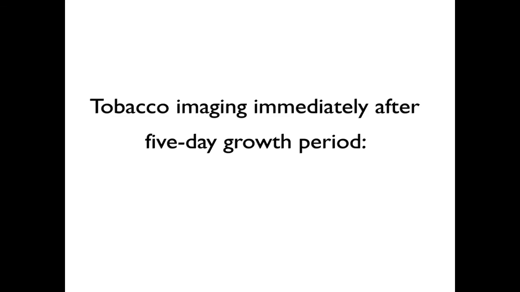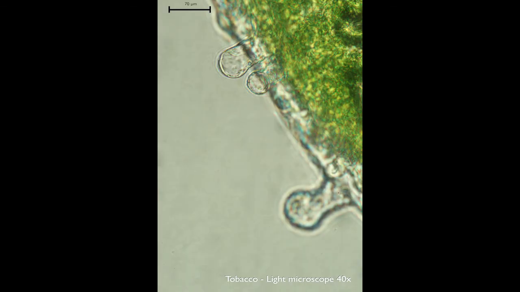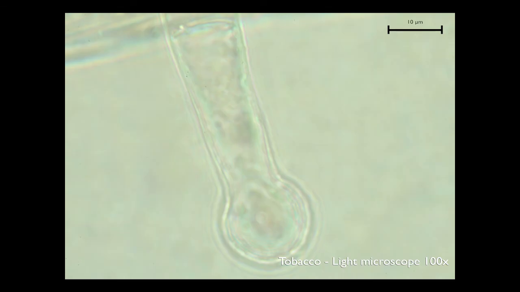Here we will have the tobacco imaging immediately following the 5-day growth period. As can be seen, these trichomes are very structurally different from the arabidopsis trichomes. They have rounded tips as opposed to the sharp tips of our arabidopsis.